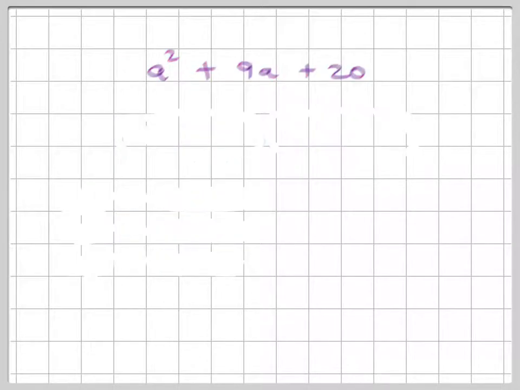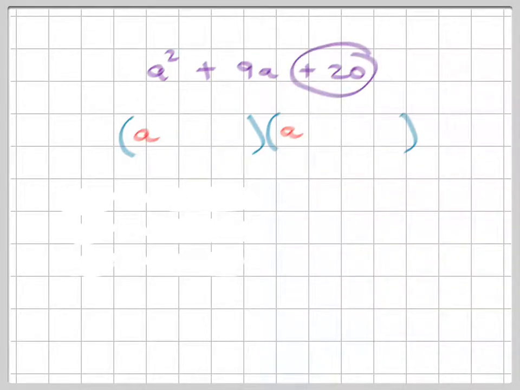Let's do another example. We're going to first open up our 2 sets of parentheses. We're going to put the factors of the first term into the parentheses, so a and a. And then we've got 20 as our third term. What are the factors of 20 that are going to add up to 9? Well, let's look at 20's factors.